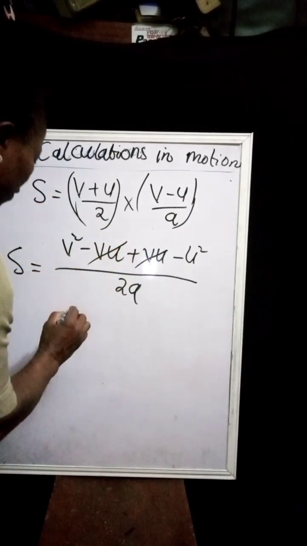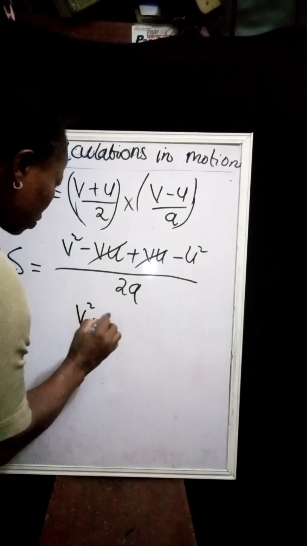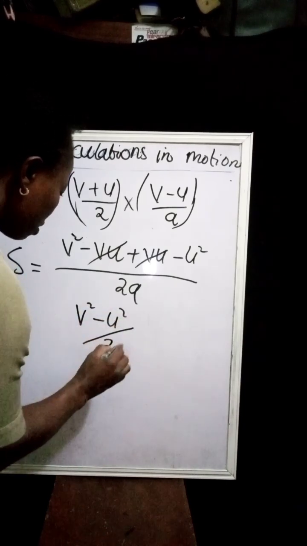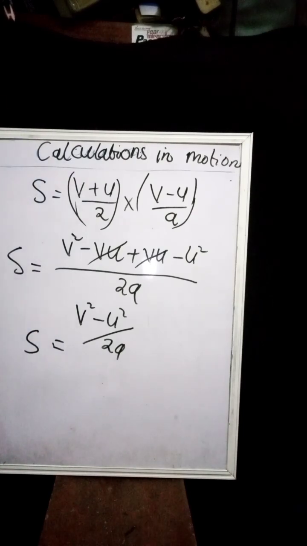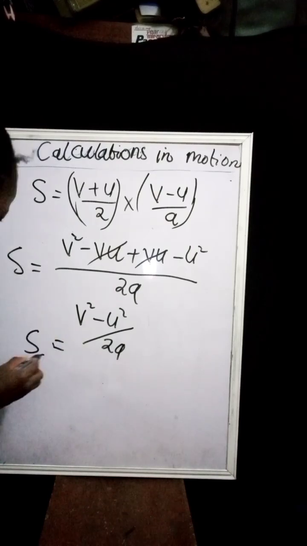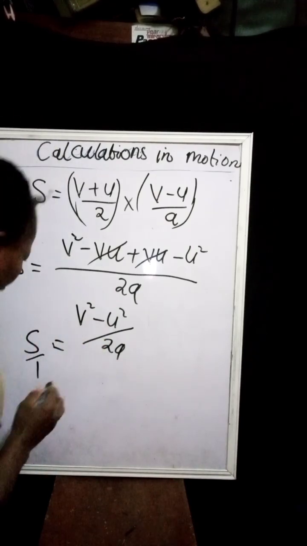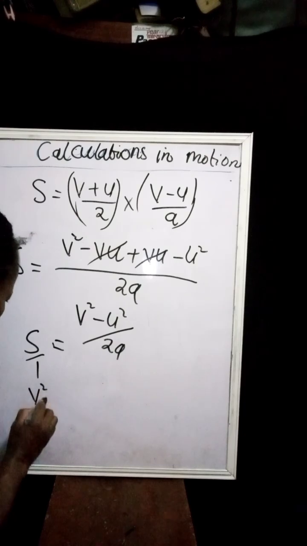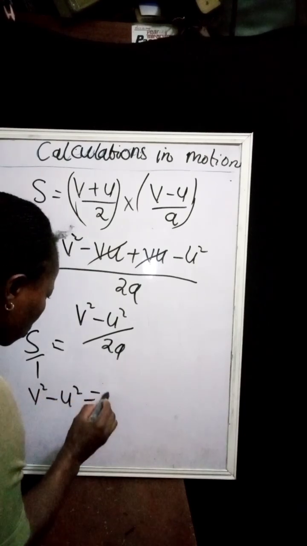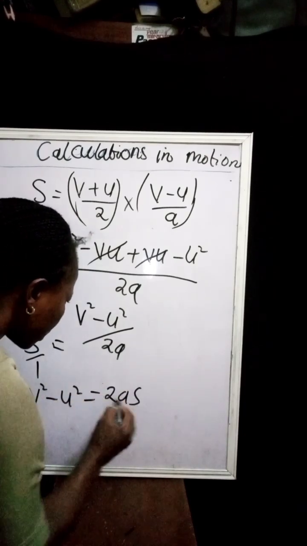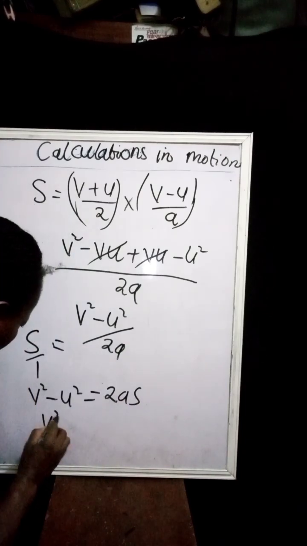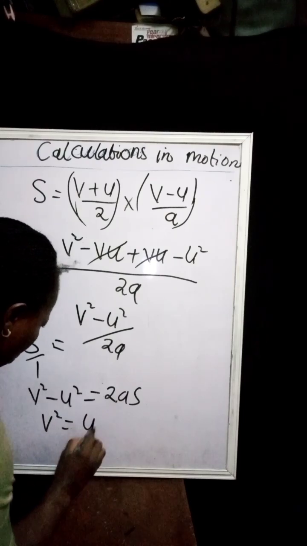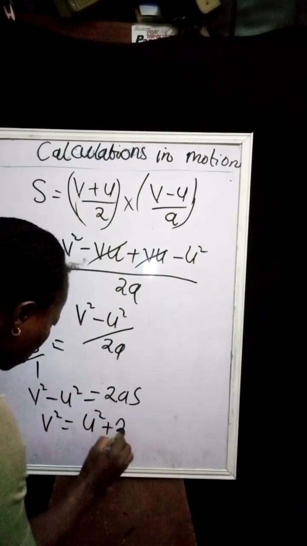In that case, now we have that v squared minus u squared over 2a is equal to what? s. Okay? So, if we cross multiply, we will have that v squared minus u squared is equal to 2as, such that v squared will be equal to u squared plus what? 2as.